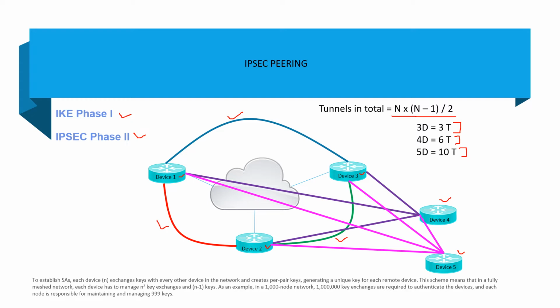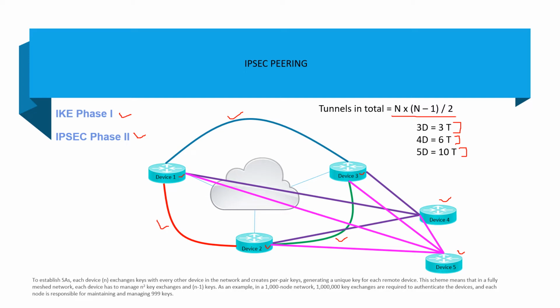If I have many devices in the network, it is going to do a per-pair key, generating a unique key for each remote device. This scheme means that in a fully meshed network, each device has to manage n to the power 2 key exchanges and n minus 1 keys.